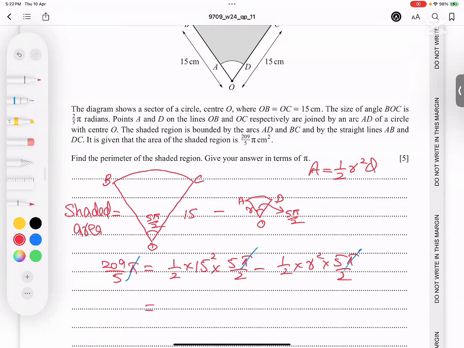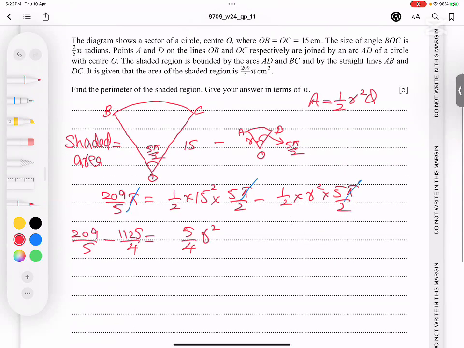First of all, I will solve. This is 209 over 5 for sure. And this one, let me check that, is 15 square into 5 divided by 4. I get 1125 over 4. Whereas the other one is 5 upon 4 times R square. So 209 over 5 minus the answer.